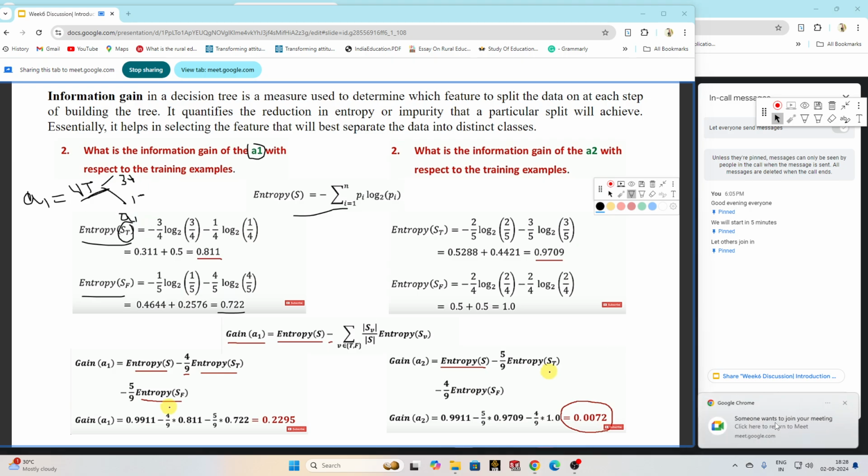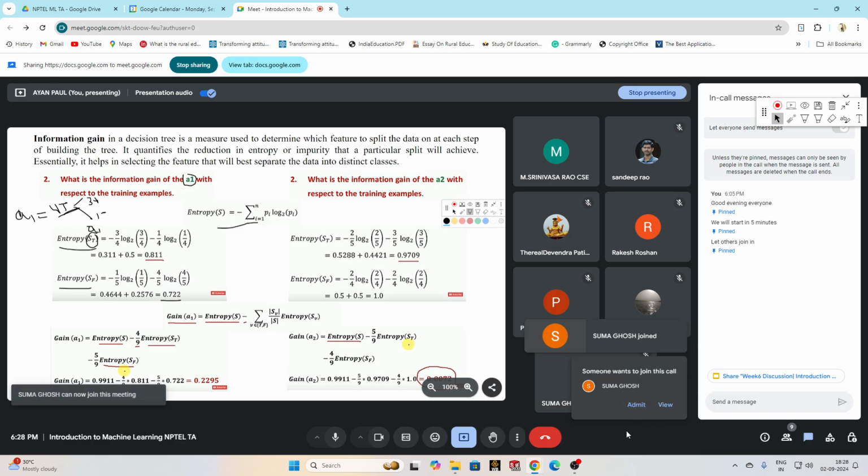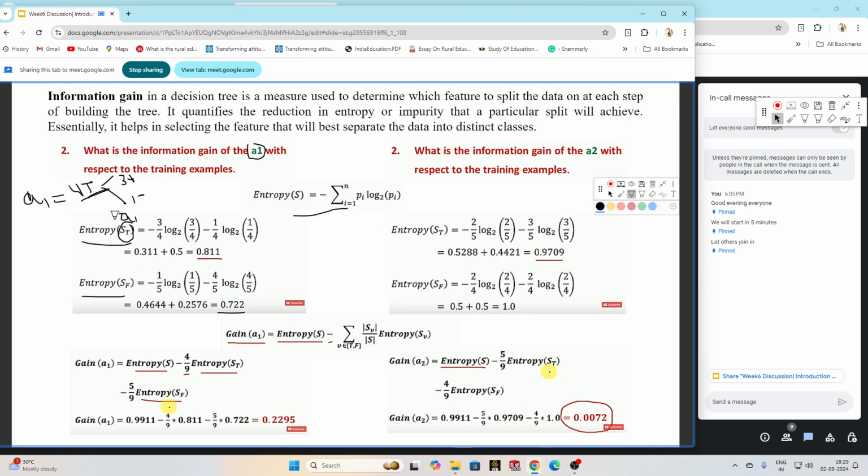So 4 true examples, and out of 4, 3 positive and 1 negative. So 2 classes are being made, this is one class and this is another class. How will we find the entropy? Minus 3 by 4 log base 2 of 3 by 4, and 1 negative, that is why minus 1 by 4 log base 2 of 1 by 4. By that we will find the entropy of the true examples with respect to A1.